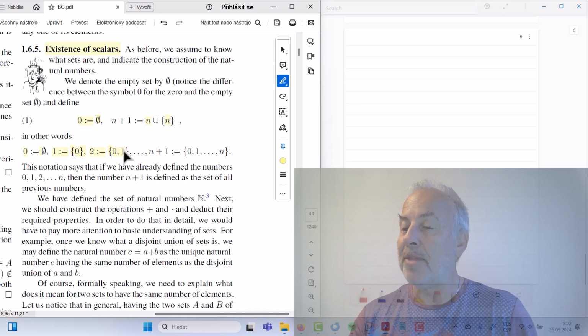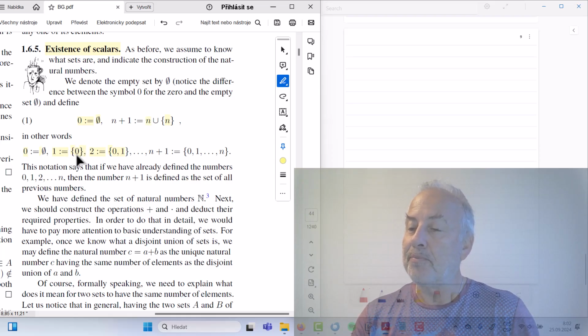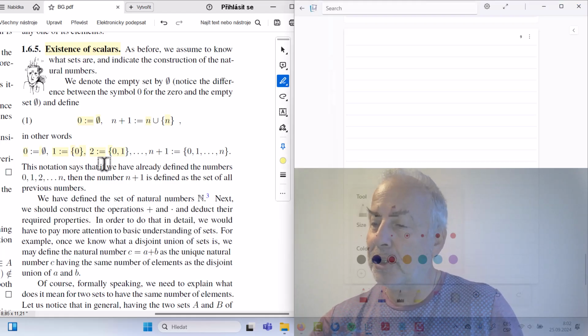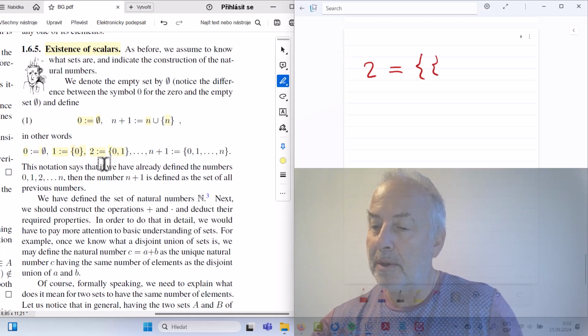So it's the union of the empty set and, so what it would be actually, so 2 is the union of this guy, so that's the 1, and 0, right?